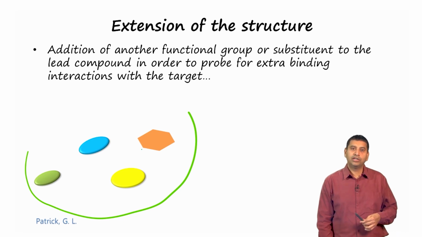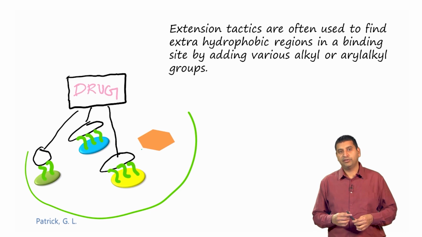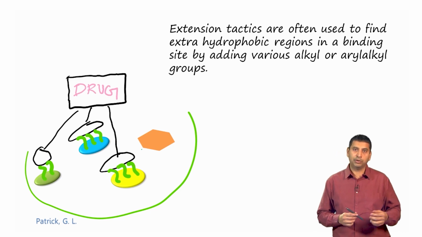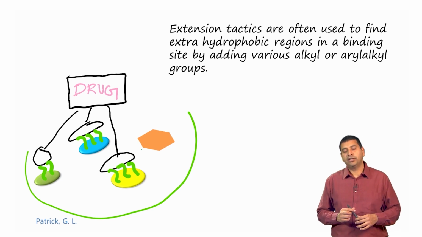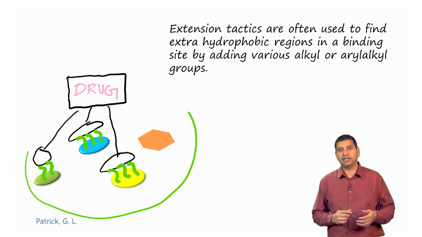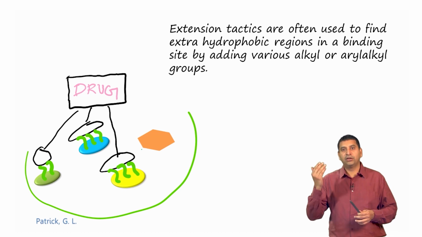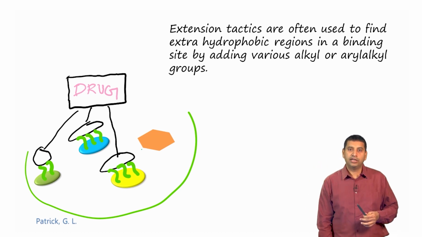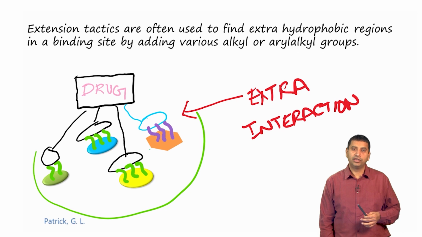Then what we could do is design a drug which interacts with three of these groups in a particular way. Now, since we have some idea that there could be an additional binding site, we can use what is known as an extension tactic. So, we can add an alkyl or an arylalkyl group, so that the next group that is shown here can also be binding to the target.